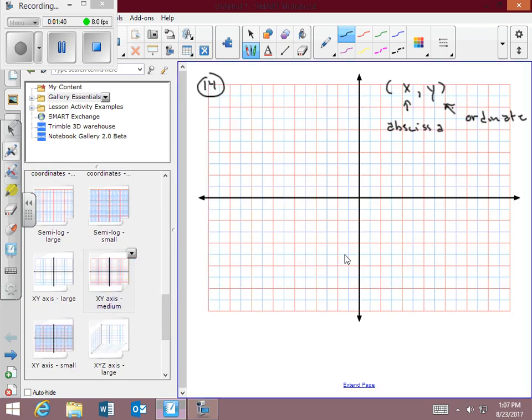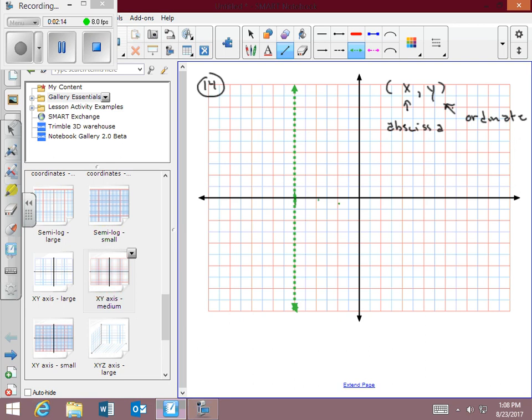So if we have an X value of -3, we'll go back here 1, 2, 3, and it'd be everything right there. That would be a line that has X values of -3, right?